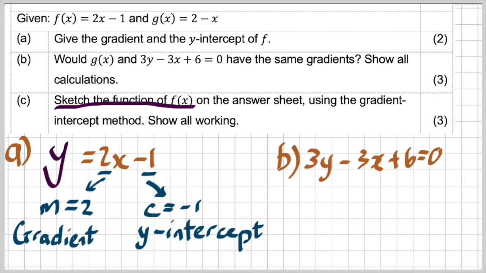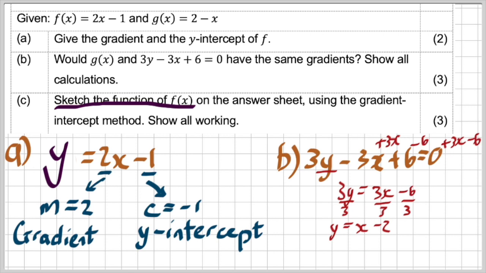In other words, I'm going to add 3x on both sides and subtract 6 on both sides to leave me with 3y equal to 3x minus 6. Once I have this now, ladies and gentlemen, I can now divide both sides by 3, giving me y equal to x minus 2.